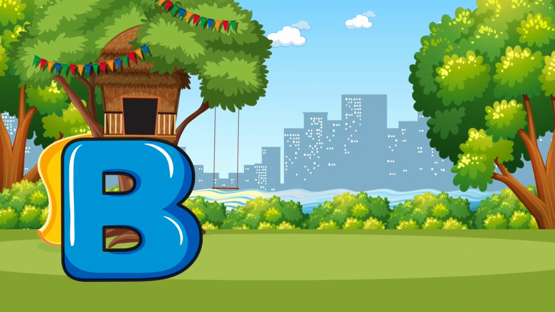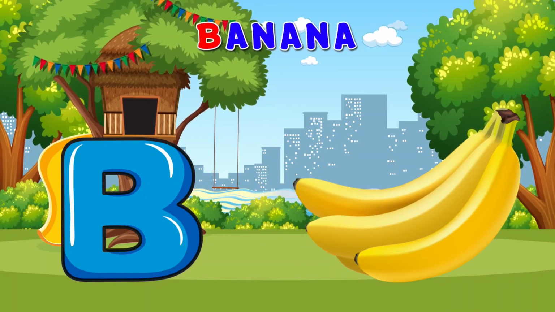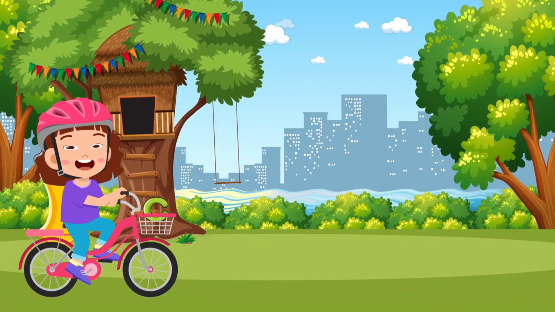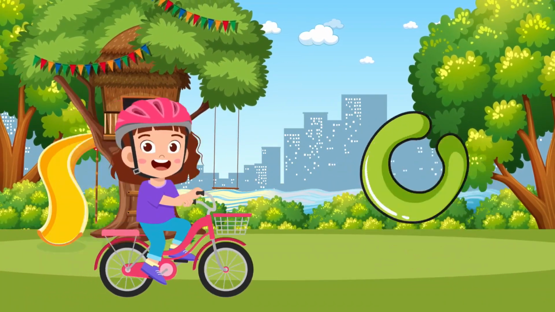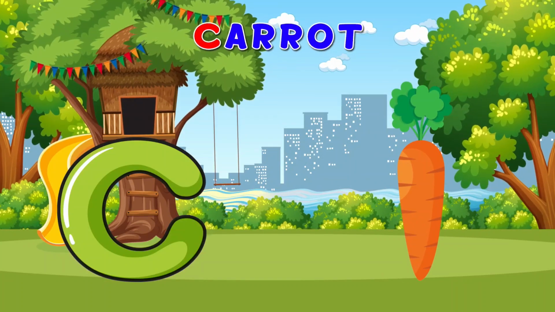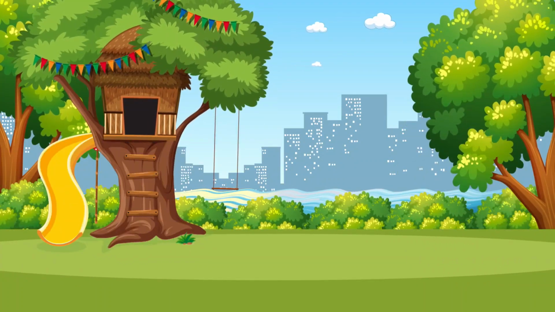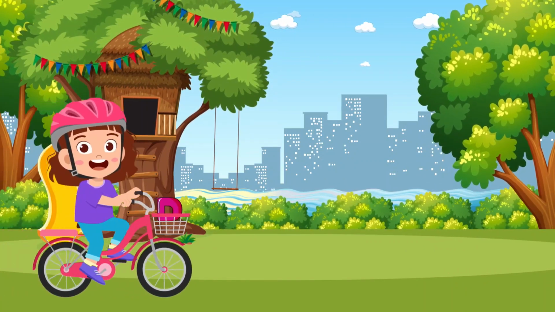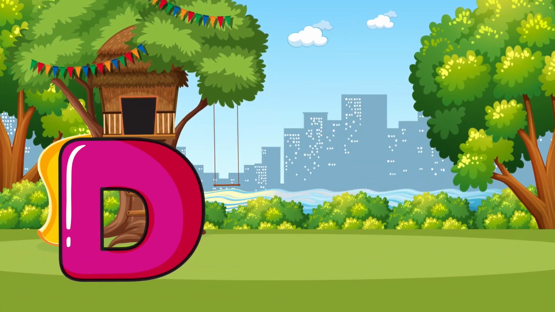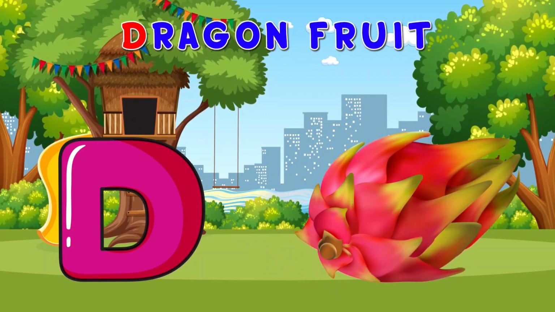B is for banana. C is for carrot. D is for dragon fruit.